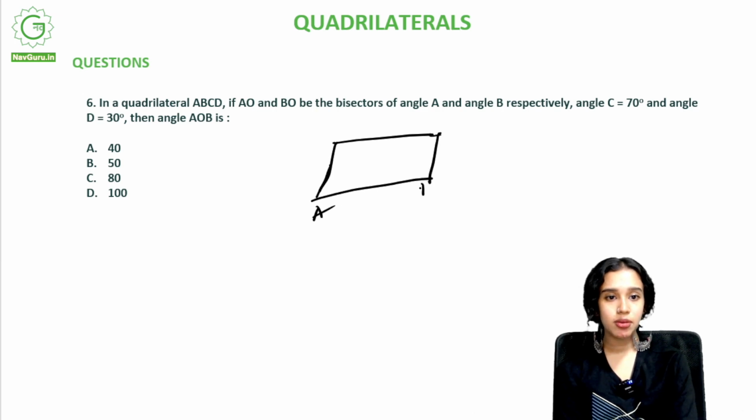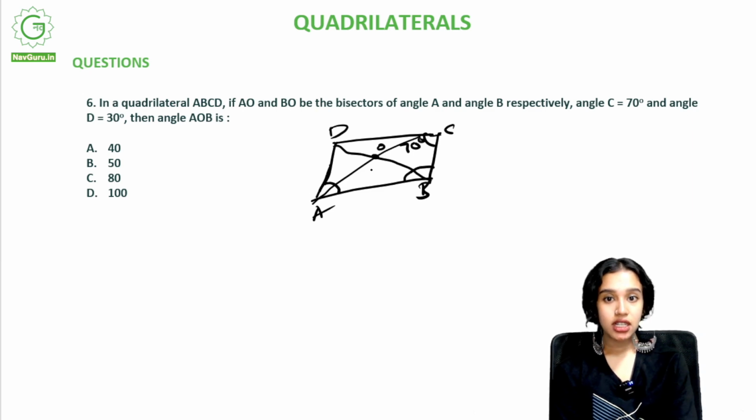Let's say it's A, B, C and D. Now, angle C is equal to 70 degrees, and AO and BO are the angle bisectors, right? D is equal to 30 degrees, right?